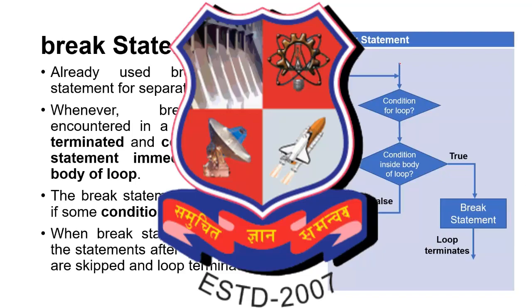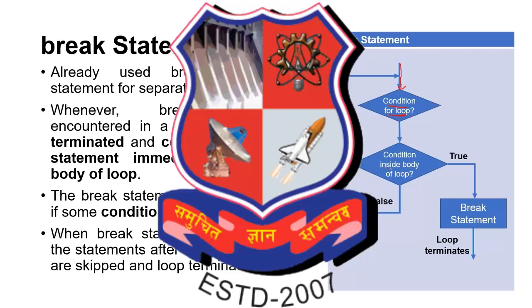For example, firstly, our program control is given to the condition, and this condition is the one available inside the loop. For example, if we are using a for loop, then the condition available inside the for loop. We'll check it. If it is true, then control passes inside the body of the loop.